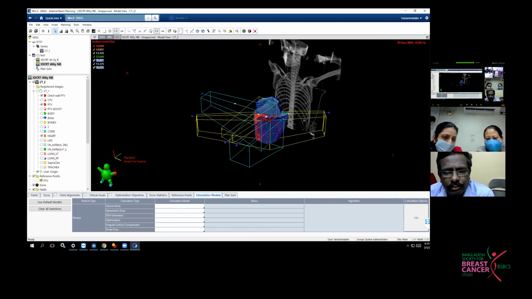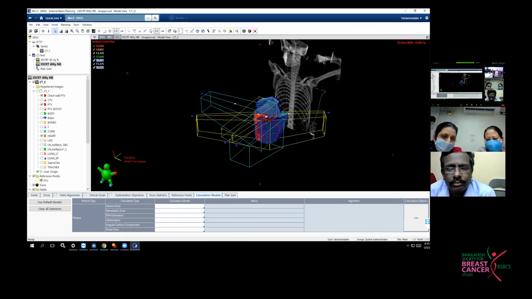Also the position. Sometimes because of restricted arm movements, there are folds. So before proceeding to planning, these are a few things you should have a quick look at in the CT scan.